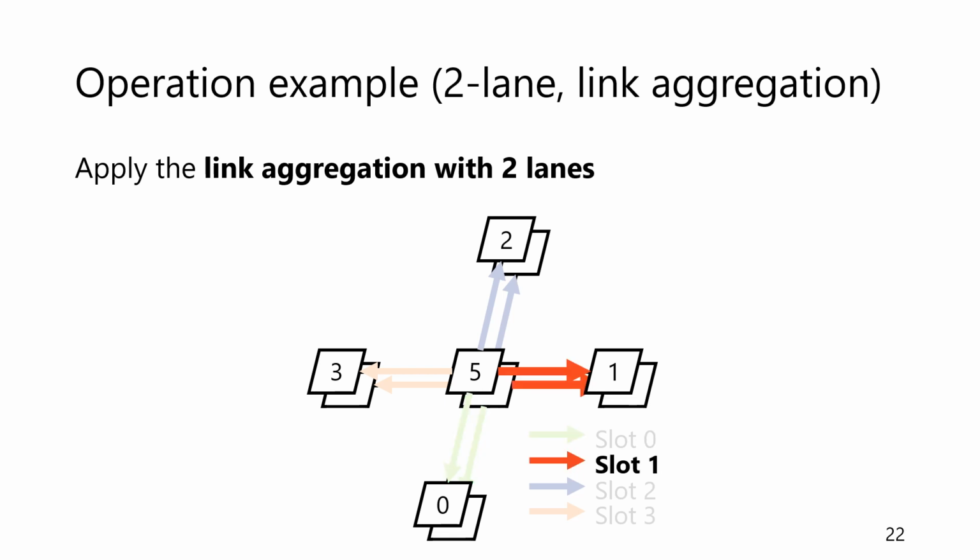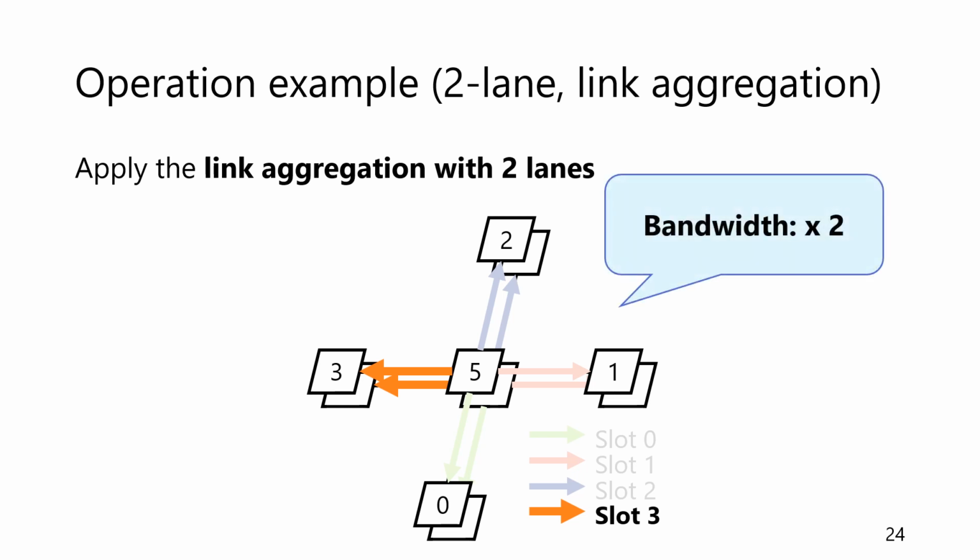The cases of slot 1, slot 2, and slot 3 are the same as slot 0, and packets are transferred with both upper and lower lanes. In this example, the bandwidth is increased to 2 times by applying the link aggregation with 2 lanes.